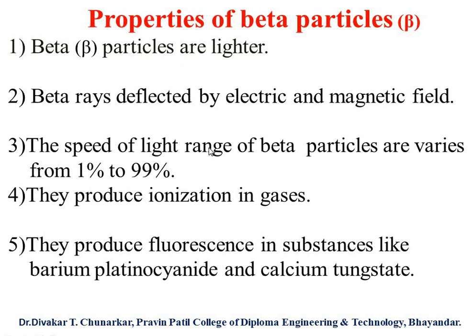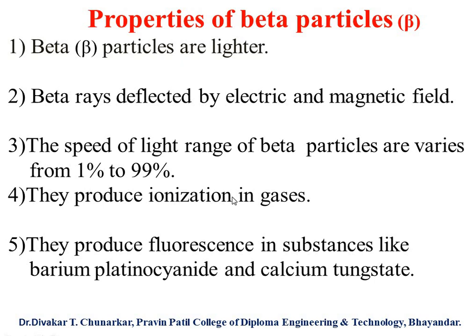The speed of beta particles varies from 1% to 99% of the speed of light. In the case of alpha particles, the range varies from 2.70 centimeters for uranium to 8.62 centimeters for thorium.